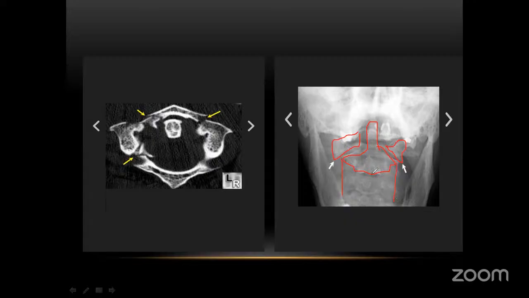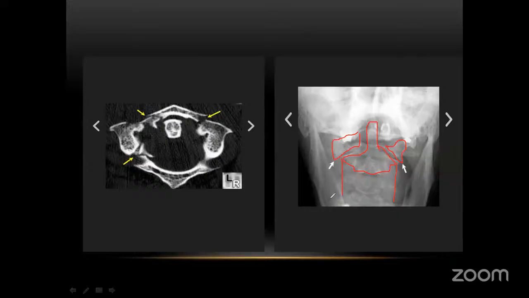Can you see the lateral masses of C1? They are a little bit displaced laterally, out of the line of C2. Can you see, please? Yes, sir. Look here. What do we call it? Lateral mass overhang.